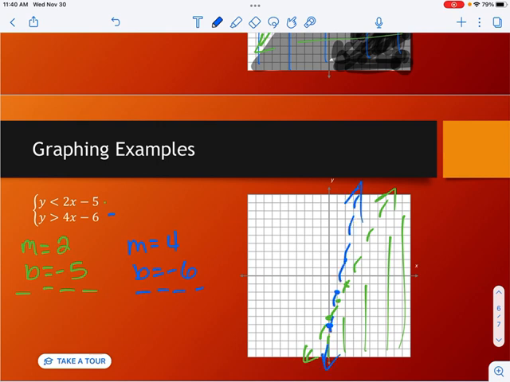And this one, y is greater than, it's going to be this side. So my solution would be this little sliver of the graph down in the bottom corner. Okay, now like I said, any ordered pair in that shaded region that's overlapped would satisfy both inequalities. And that's how we do a system of linear inequalities.